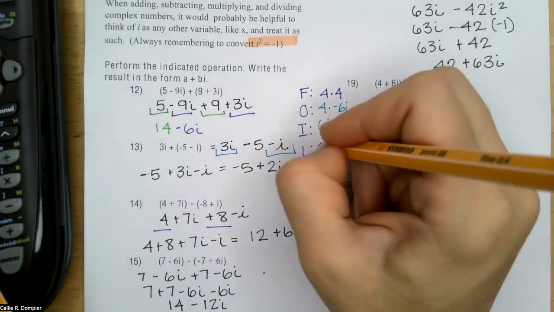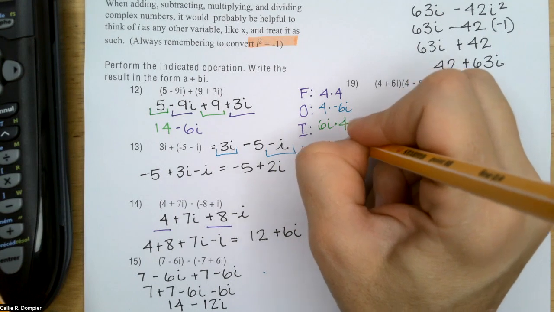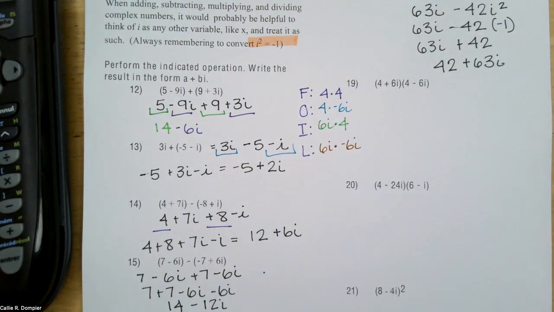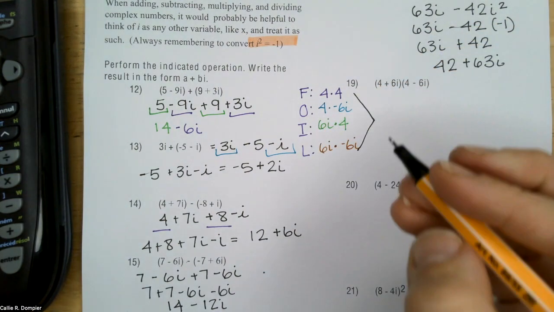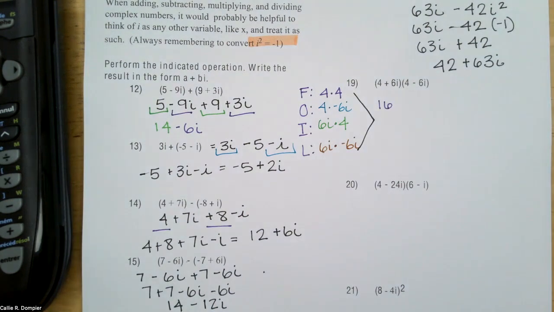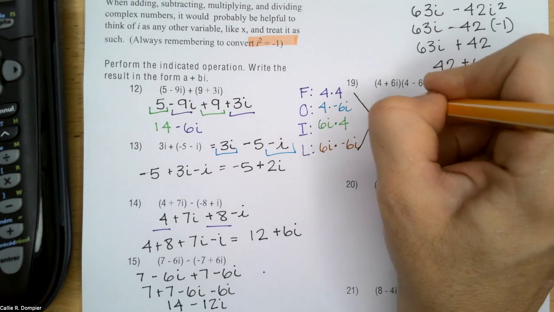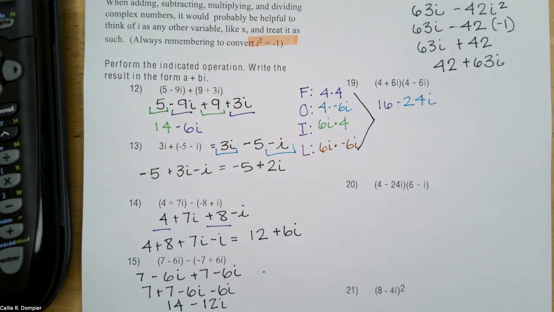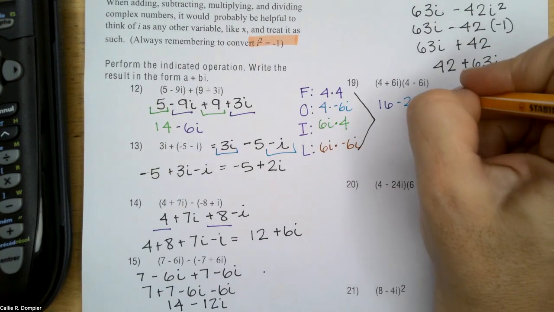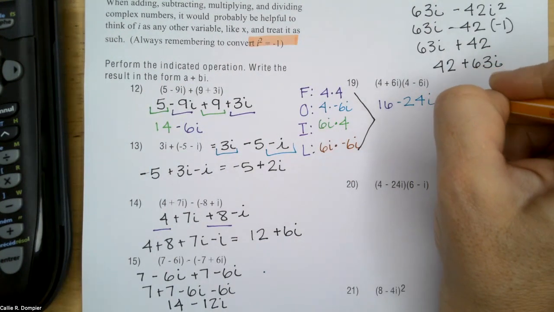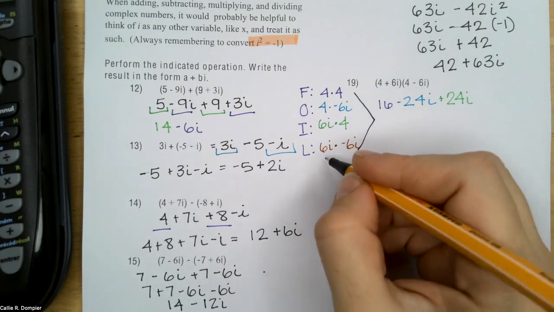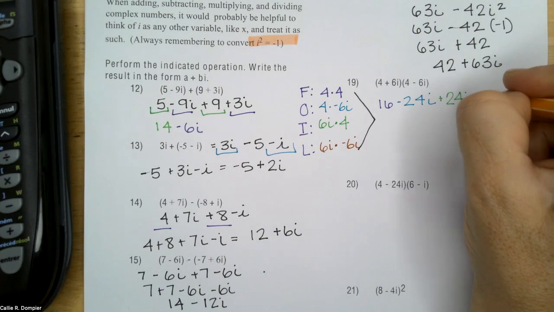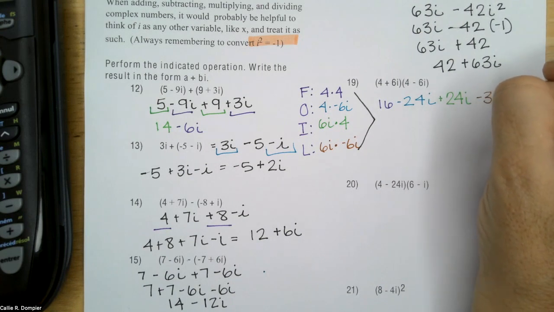And then last, we have 6i times negative 6i, right? Okay, so that all becomes 4 times 4 is just 16. And then 4 times a negative 6i is negative 24i. 6i times 4 is a positive 24i. And then 6 times negative 6 is a negative 36. And then i times i is i squared.